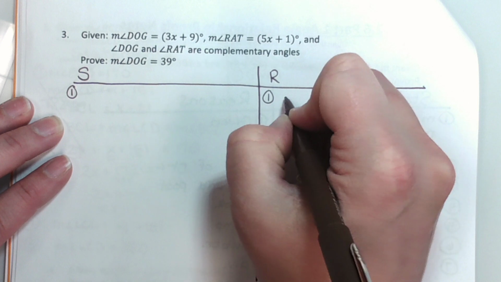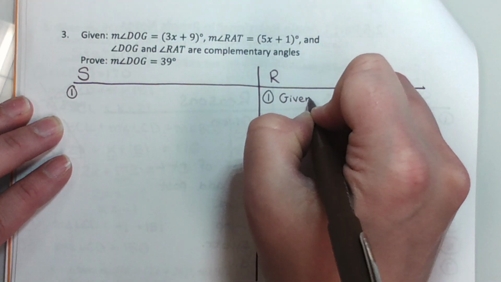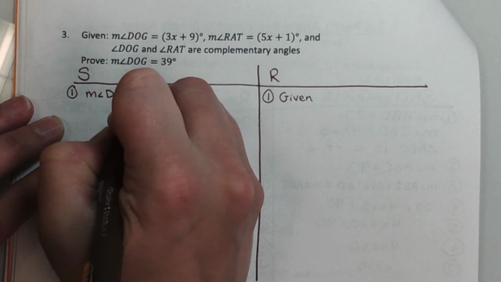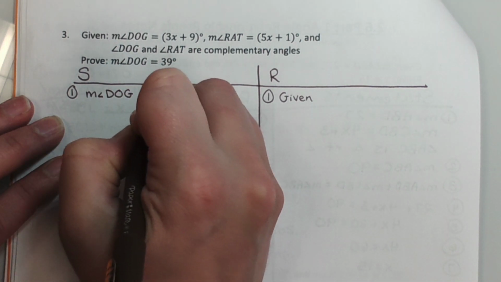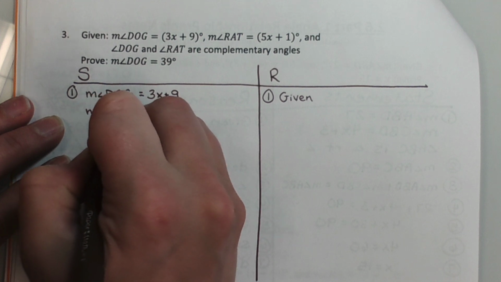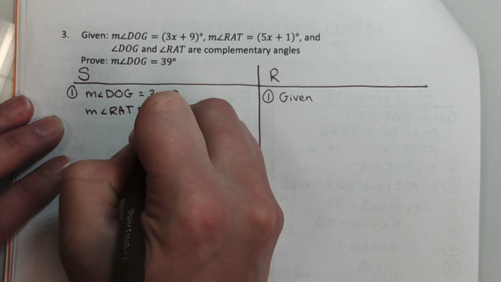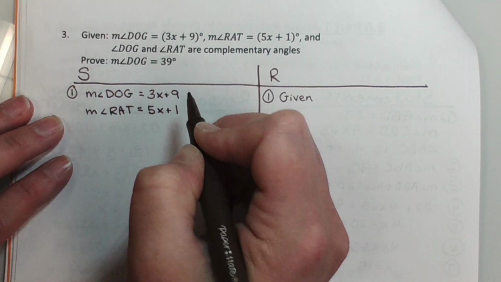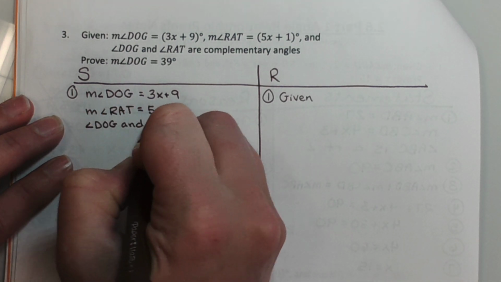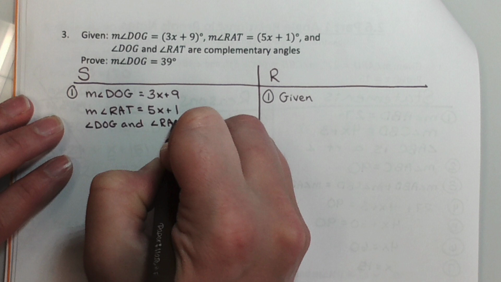Oftentimes you'll have proofs that don't need that because they have enough information already. And this isn't the first proof that we've had that doesn't have that. But it's been a bit.